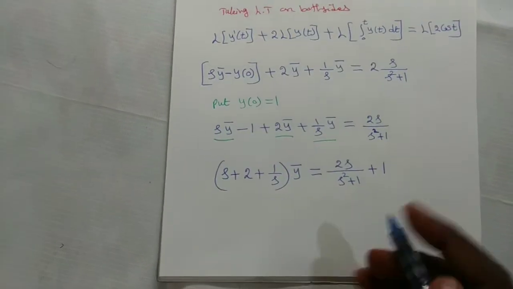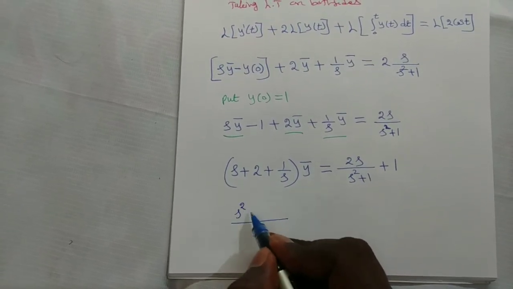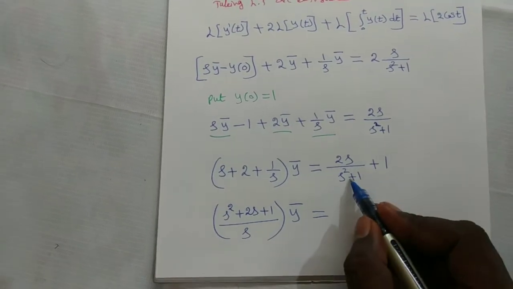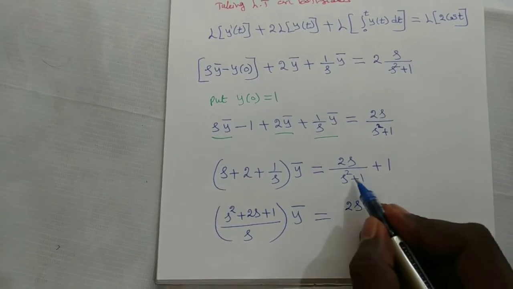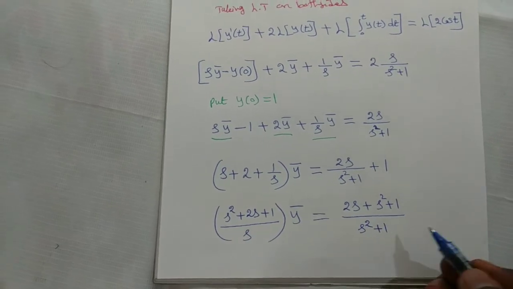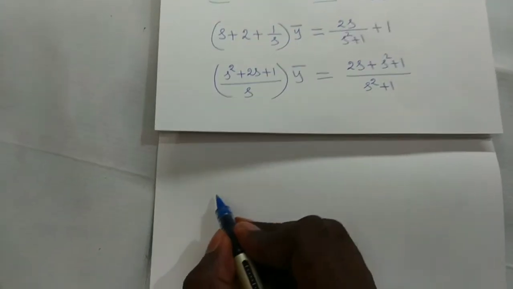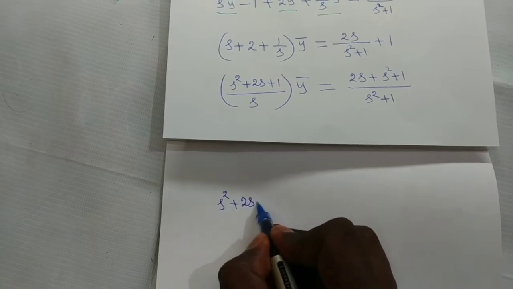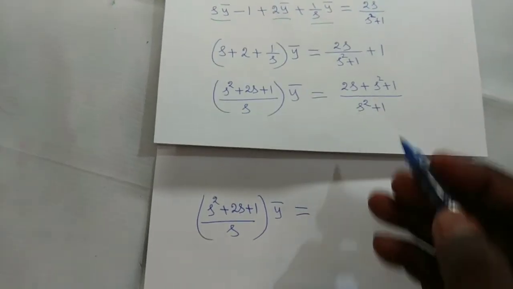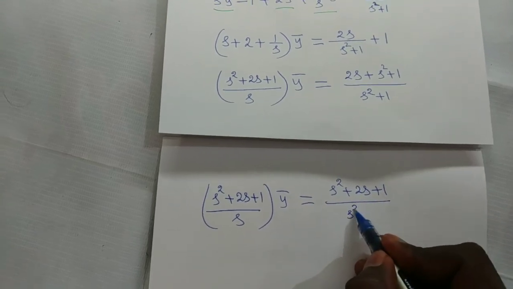Now take the LCM: (s² + 2s + 1)/s times y bar is equal to (2s + s² + 1)/(s² + 1), after simplification.